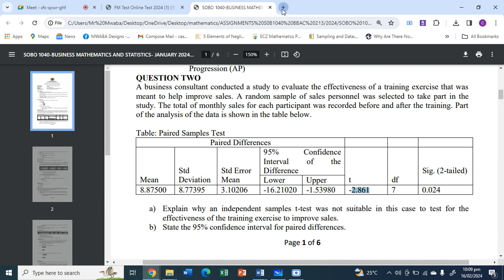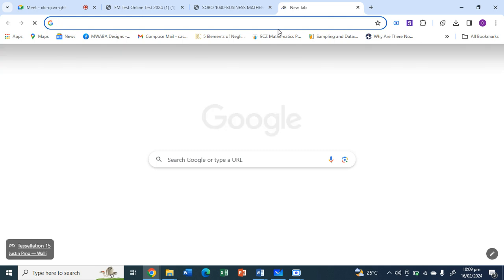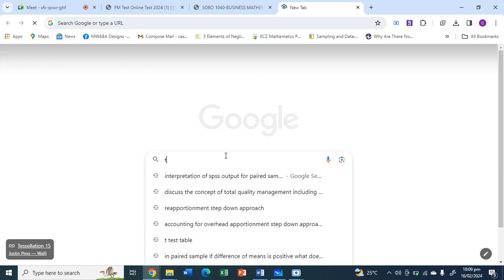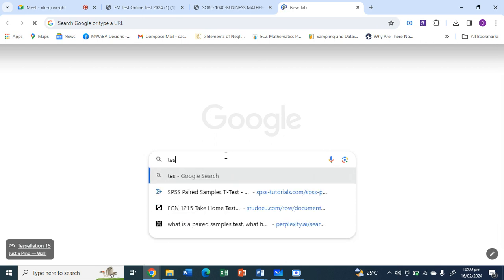Let me just show you the t-table. The t-table is where you can compare. In the exam, you'll be given the t-table, so do not worry.